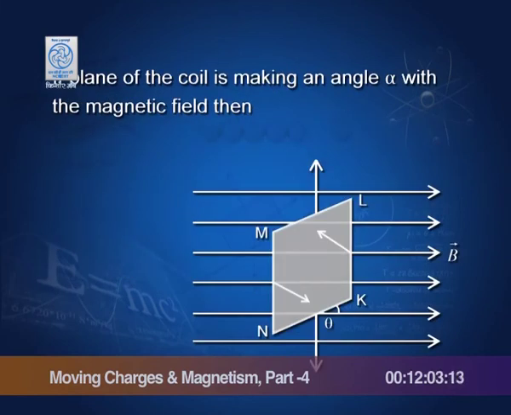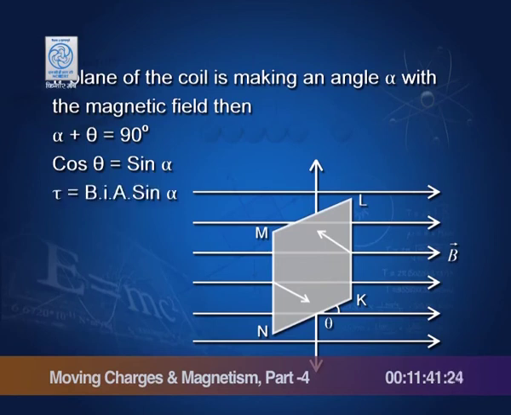If plane of the coil is making an angle alpha with the magnetic field, then alpha plus theta is equal to 90 degree. So, cos theta will be equal to cos(90 minus alpha), which comes to be sin alpha. So, cos theta is equal to sin alpha. Substituting this value, we get tau equals BIA sin alpha.